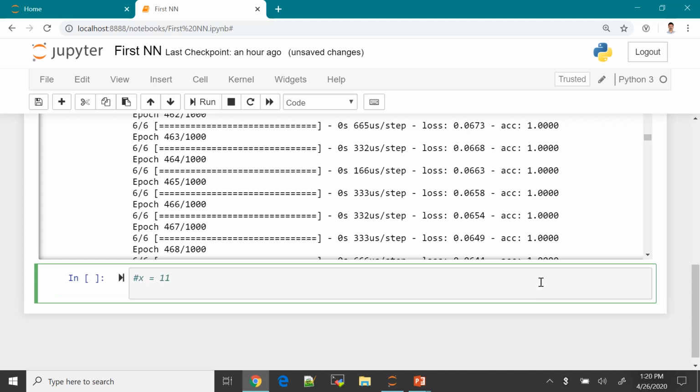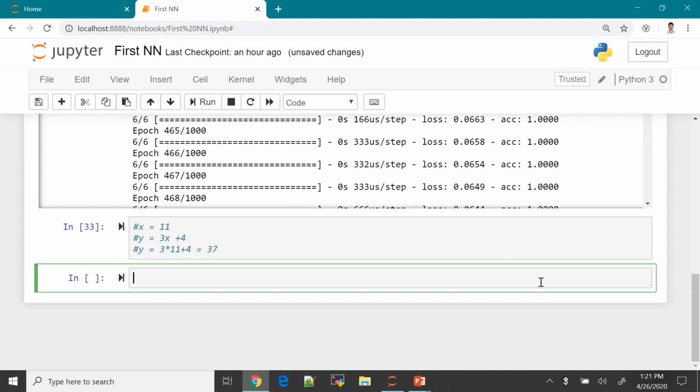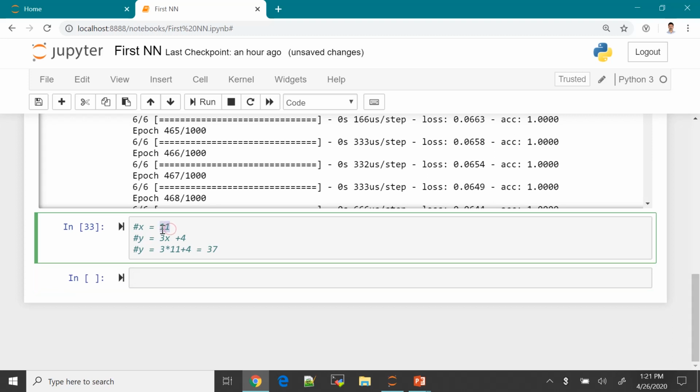As per our formula, y is equal to 3x plus 4. If we compute it in our brain, 3 times 11 plus 4 is equal to 37. So if x equals 11, then y should be 37.